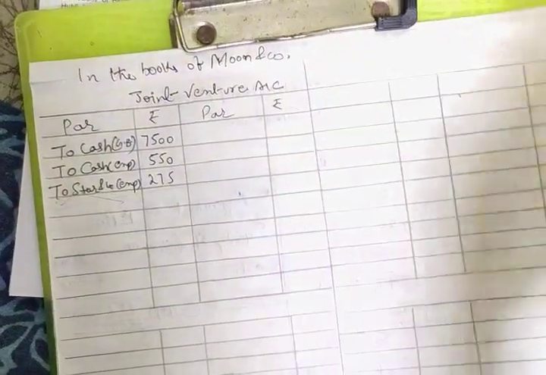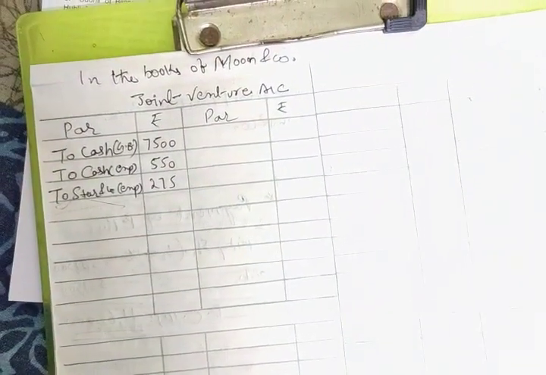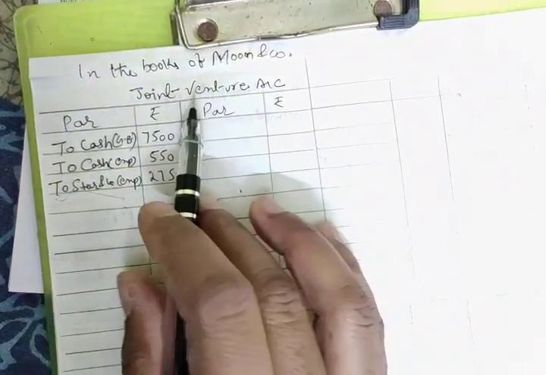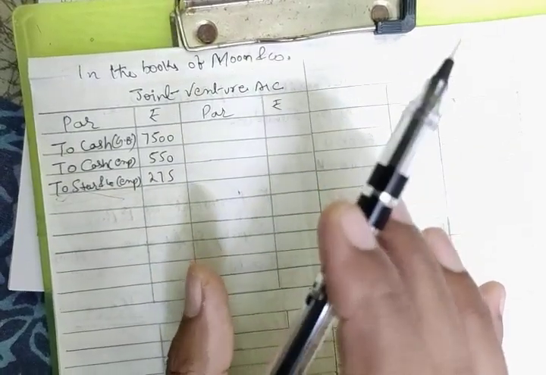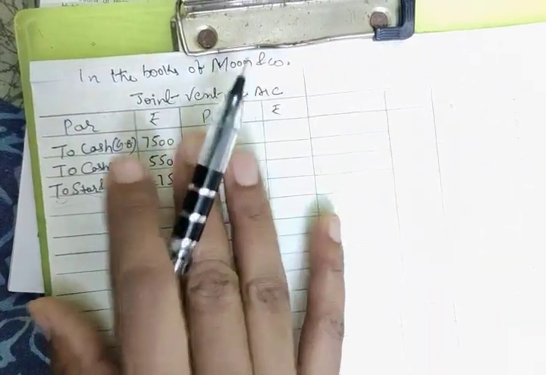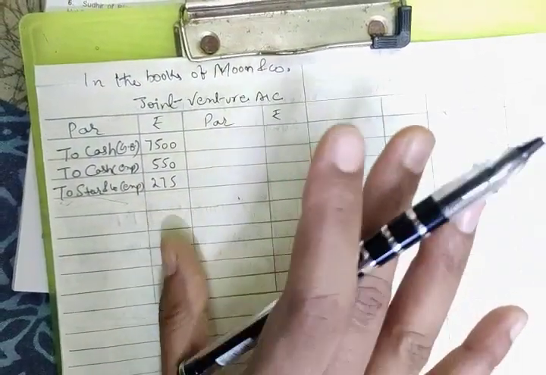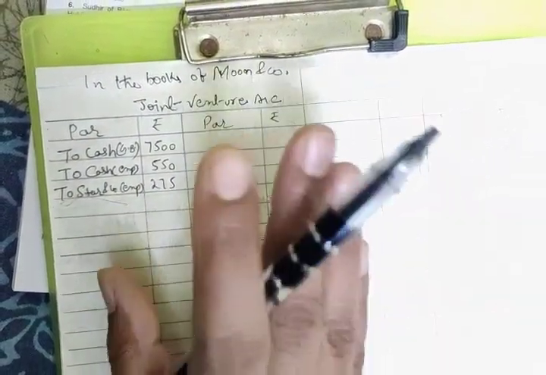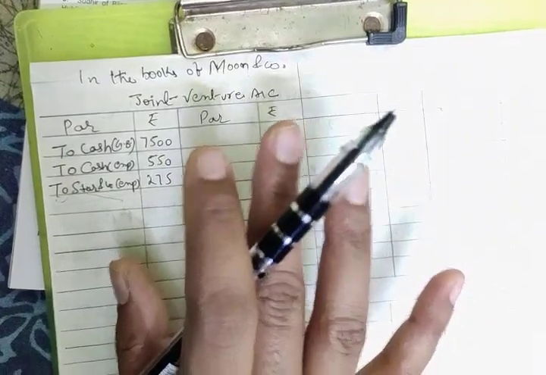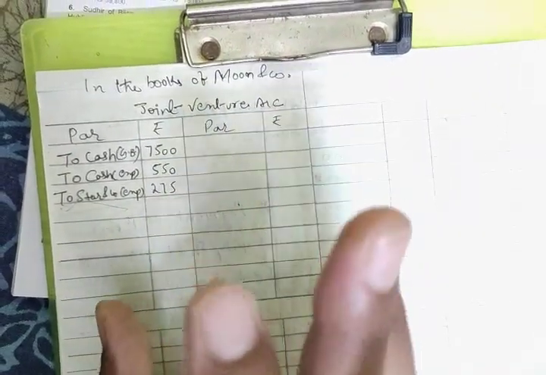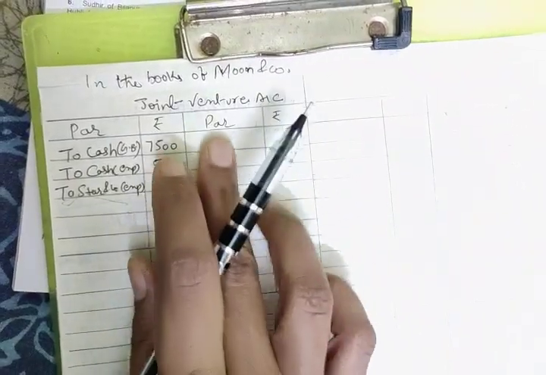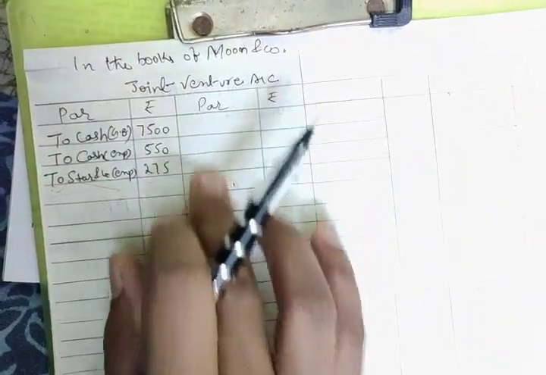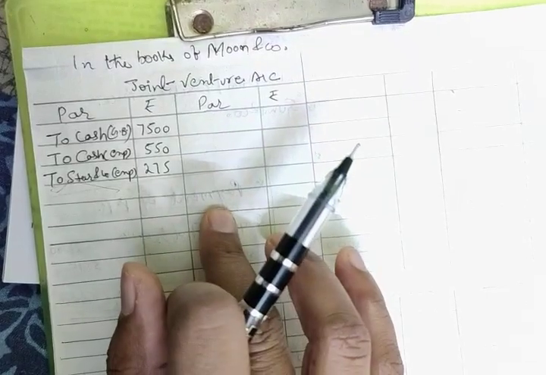Then we have information, the sales realised rupees 12,500. So sales done by your Star and Company here, and again and again I am repeating, you have to remember that joint venture account gets debited by cost of goods and expenses which are done by your venturers, and it will get credited by the sales proceeds and unsold stock and stock taken by the venturer. So this is your sales realised, which is done by the Star and Company.